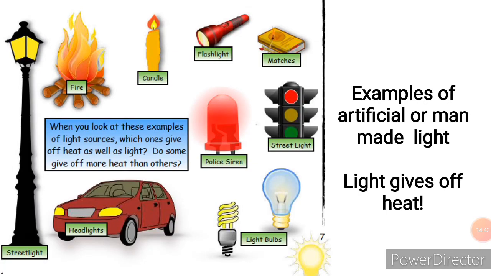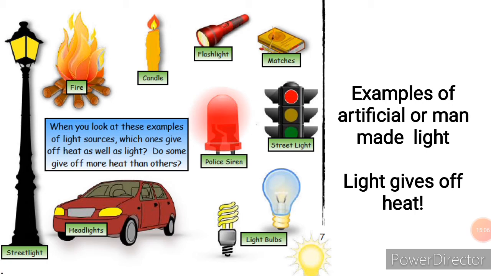Let's look at artificial sources of light. Examples of artificial sources of light, or light that is made by man, include the different types you can see there. You can see your street light, your headlight, your light bulb, is it not? You can see another street light, you can see a police siren, which also has a red light, is it not?